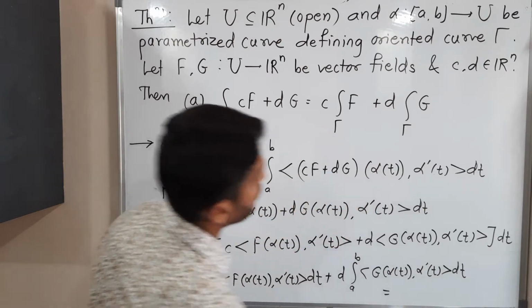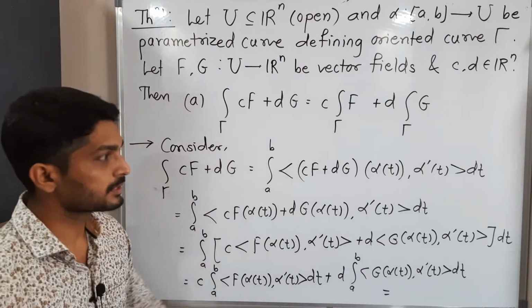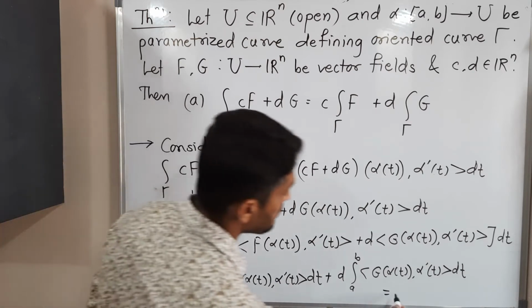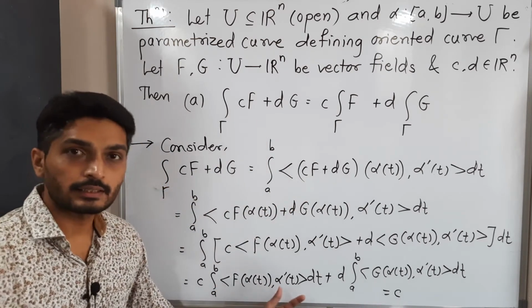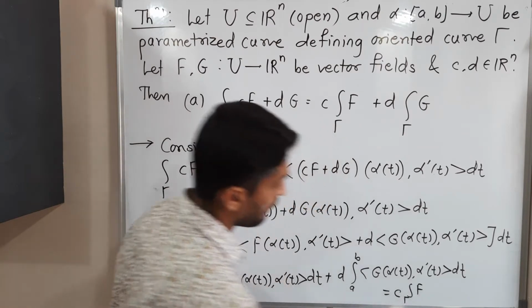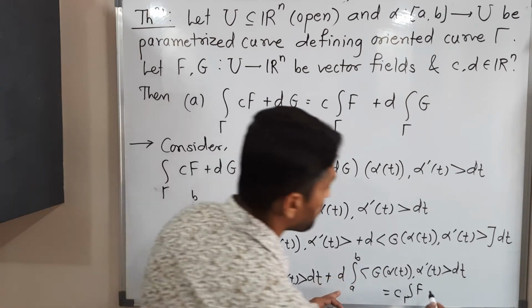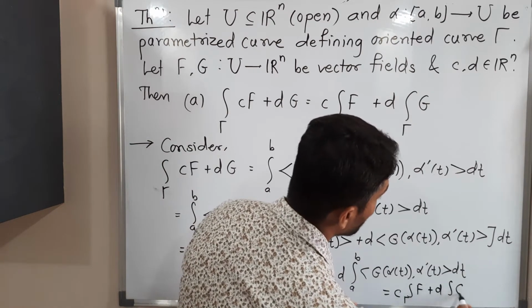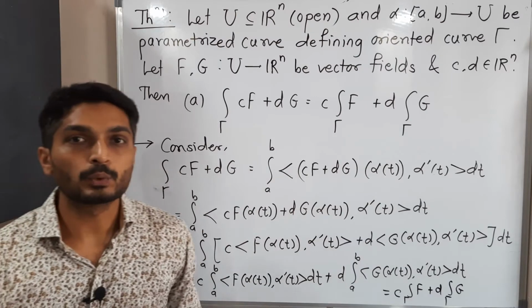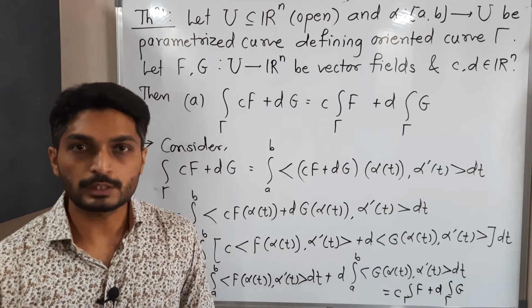So this c is a constant, and this is nothing but the integral of F over gamma, plus d times the integral of G over gamma. So in this way we proved this property.